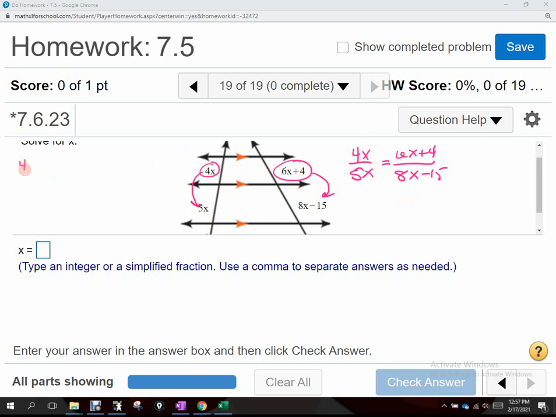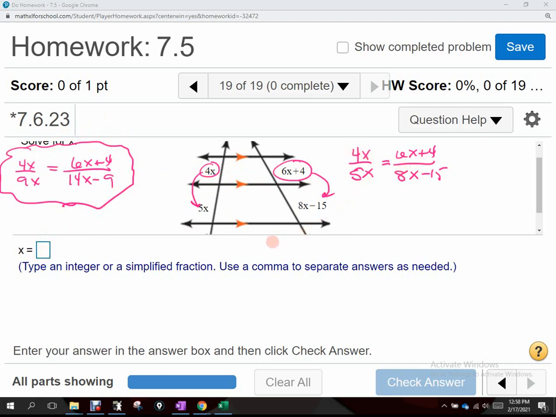You could say 4x compares to 9x, so that's the top one compared to the whole thing, and 6x plus 4 compares to the whole thing, which would be 14x minus 9. Now that makes coefficients much bigger, right? There may be applications, depending on how these coefficients relate to each other, where this might eventually in some problems be a better route.